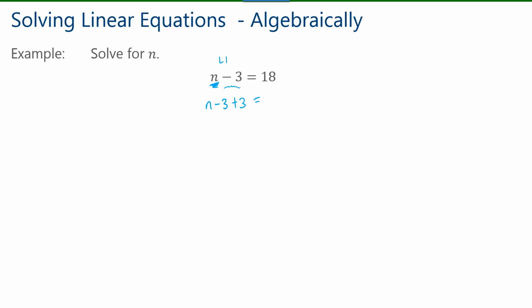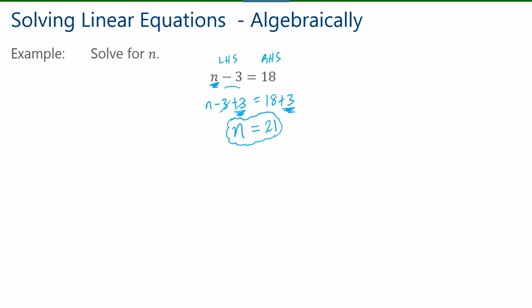But if I add 3 on the left-hand side, I must add 3 on the right-hand side. Whatever I do to one side, I do to the other. And subtract 3 plus 3 cancels out. That just gives us 0. So we're just left with what we want, which is our variable n, 1n. And if I add 18 and 3, that gives me 21. N equals 21.